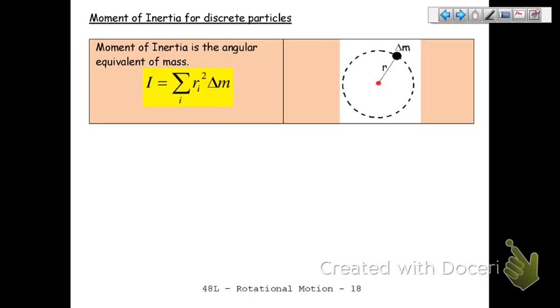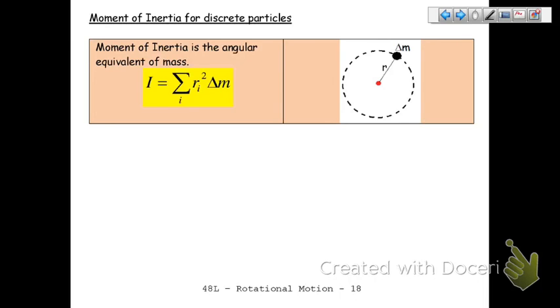And it turns out it's not a linear relationship with that lever arm. It's not a linear relationship with that distance from the turning axis. It is a squared relationship. So the distance really, really matters. The mass matters, but the distance really, really matters.